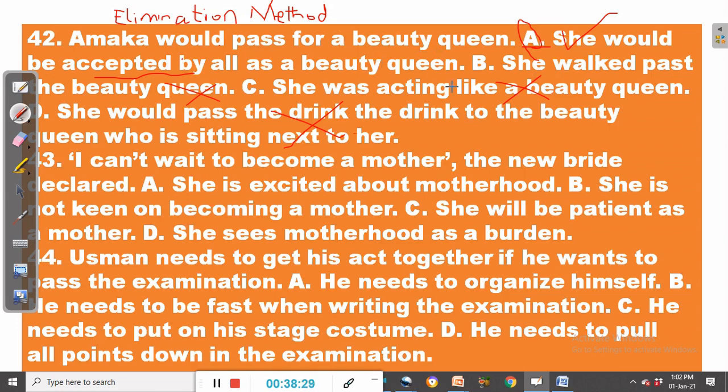You see how the elimination method can lend credence to the option you have already chosen. If in the course of using the elimination method you come across an option that tends to be the answer, then you subject it to other verification procedures.